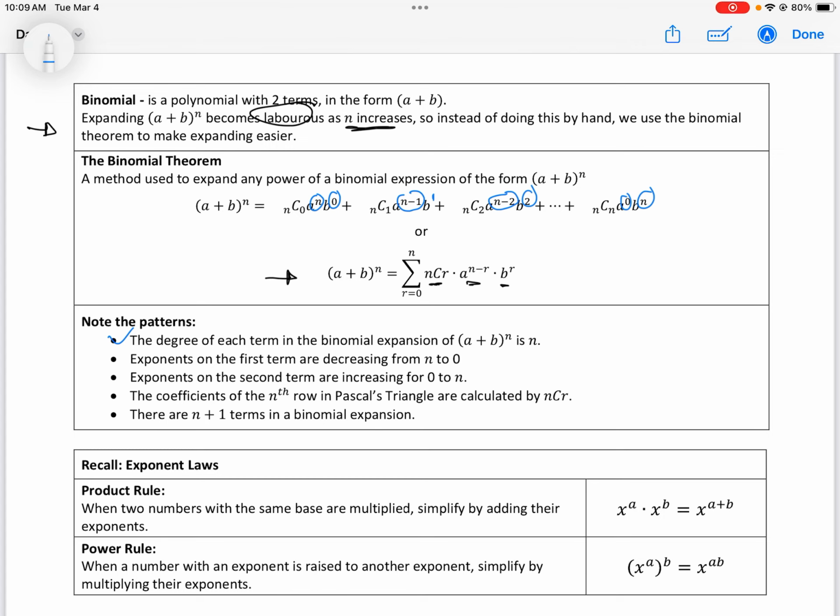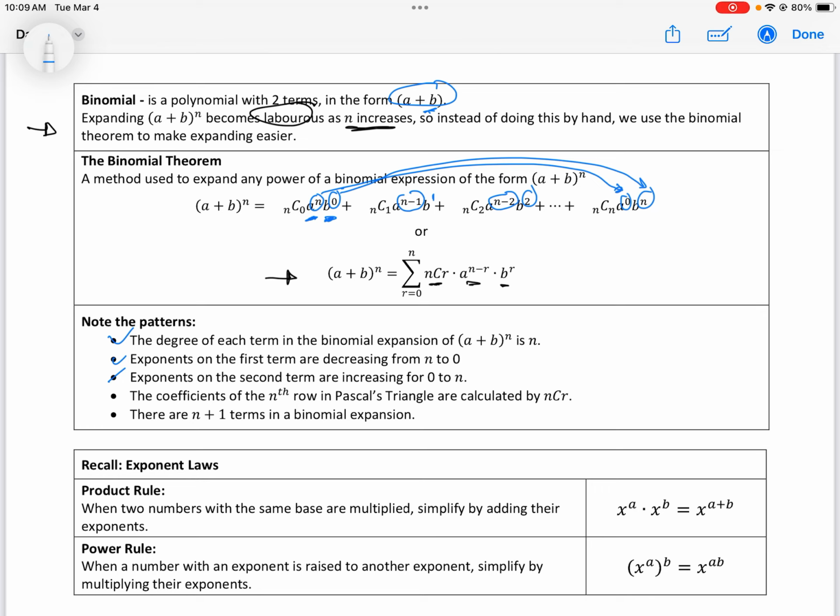Exponents on the first term, which we call a, from the (a + b), are going to decrease. They're going to go from n to 0, and we can see that here. And then exponents on the second term, which we call b in that expansion, go from 0 to n, so they're increasing.